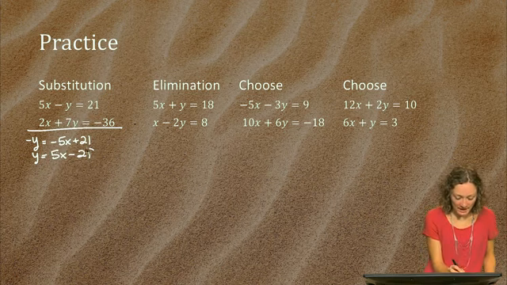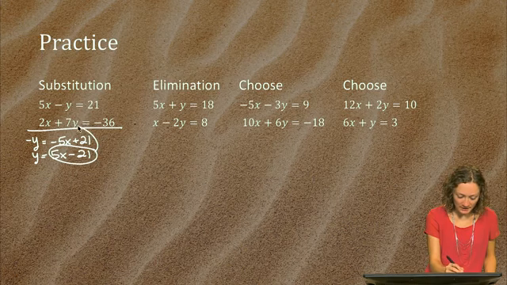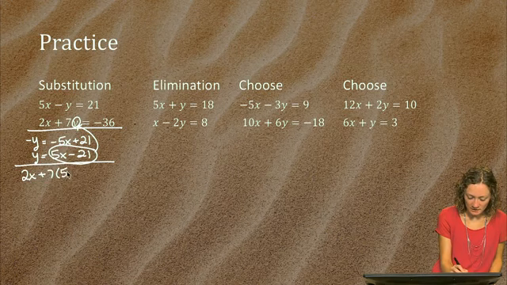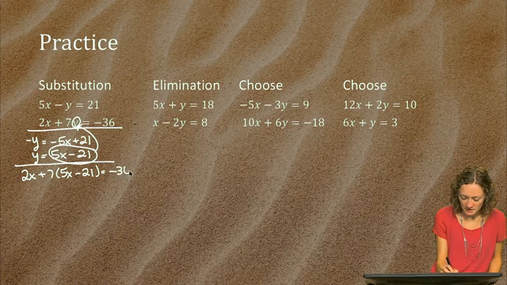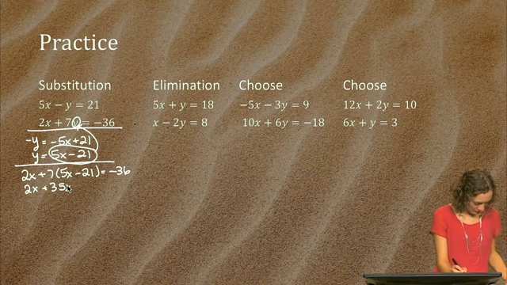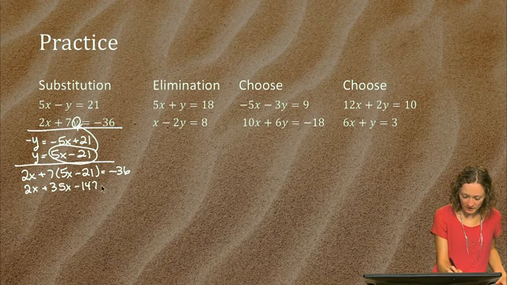Then we're going to take that and substitute it into the other equation. So we have 2x plus 7 times 5x minus 21 equals negative 36. So we have 2x plus 35x minus 147 equals negative 36.